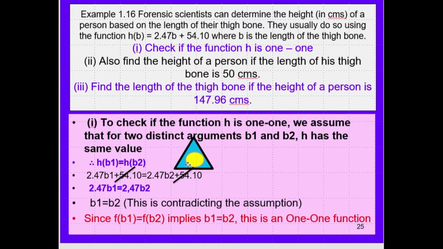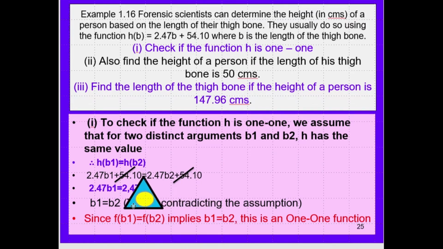To check if the function h is one-to-one, we assume that for two distinct arguments b1 and b2, h has the same value. Therefore, h(b1) equals h(b2). 2.47 into b1 plus 54.10 equals 2.47 b2 plus 54.10.